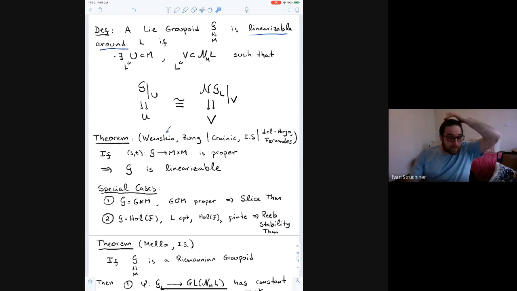The theorem states that if you have a proper groupoid, so a groupoid for which the map (source, target) is proper, then it's linearizable, and this reduces to the Lie theorem and the Reeb stability theorem for group actions and foliations.